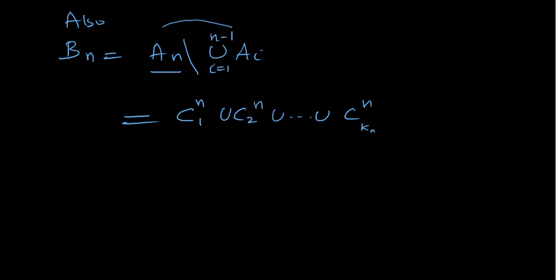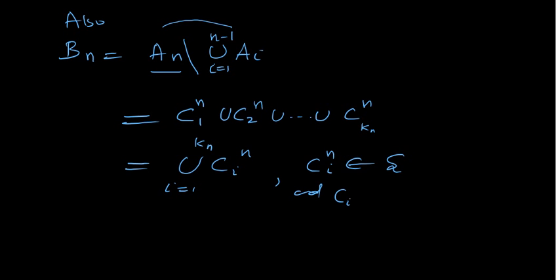So that means it is equal to the union of C_in, where i runs from 1 to k_n, and these C_in are all members of S, and they are also disjoint. C_in intersection C_jn is the empty set.